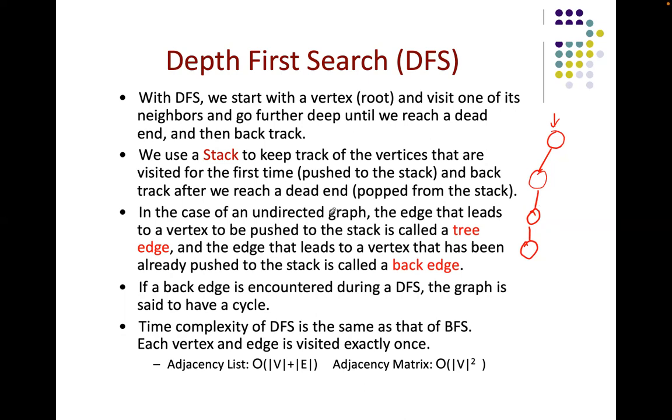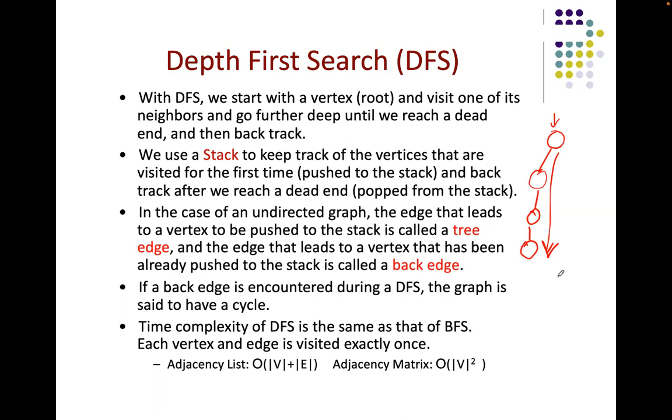We'll see an example, but here the strategy is different. We start from a node and keep visiting one of its neighbors, and we keep digging into the nodes in more and more depth.